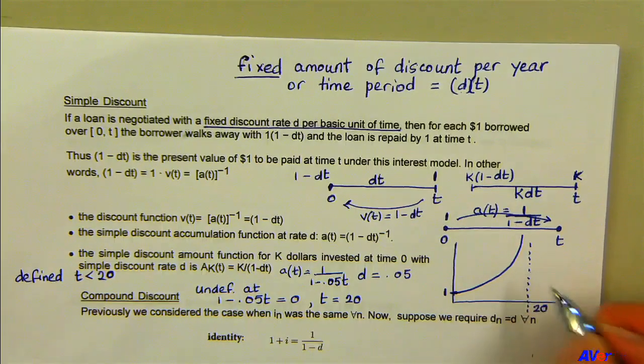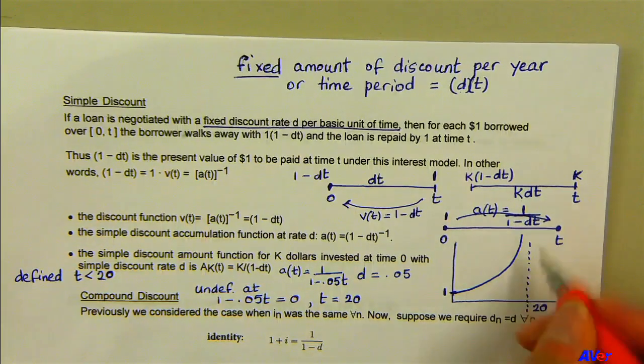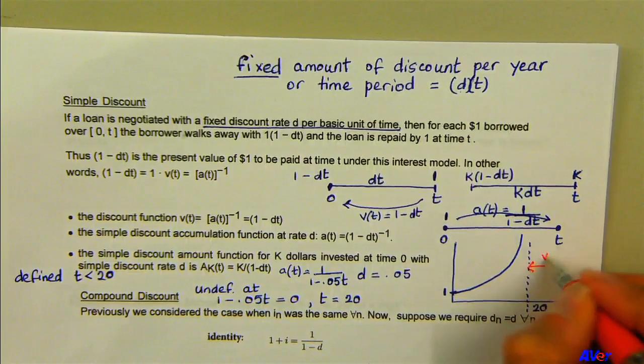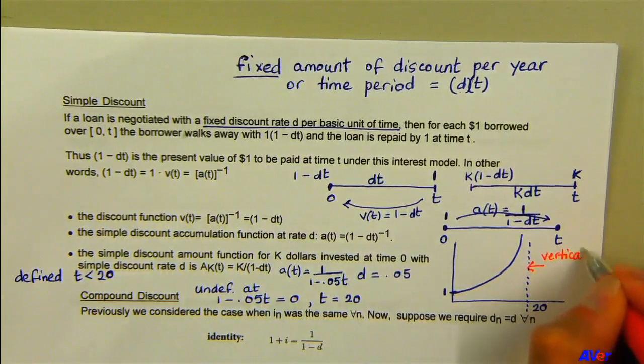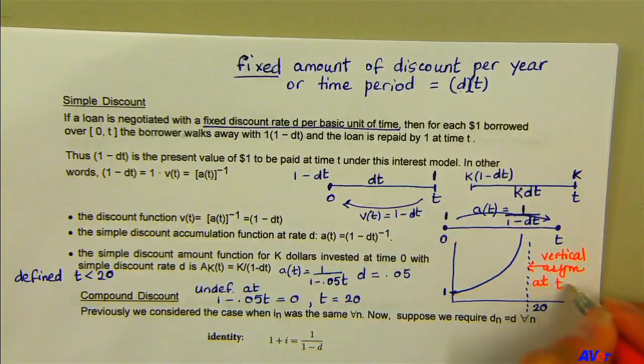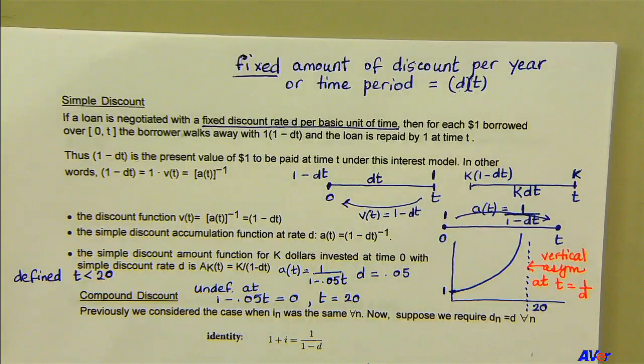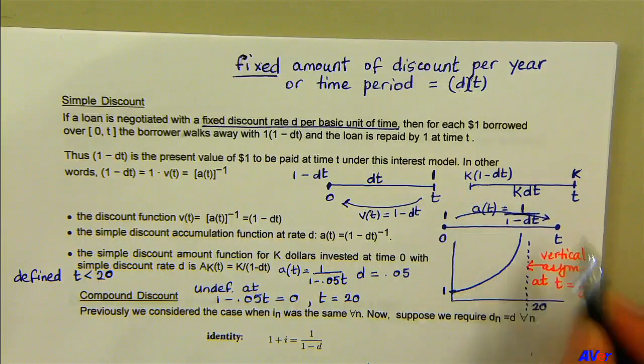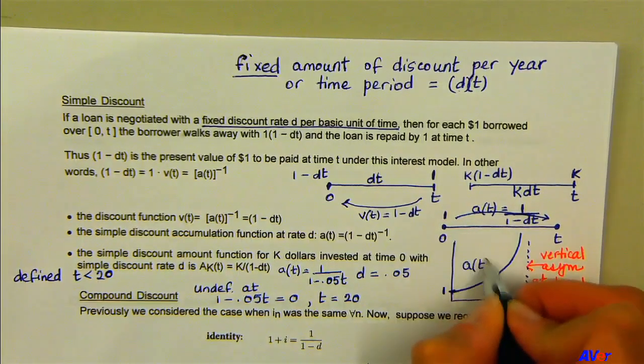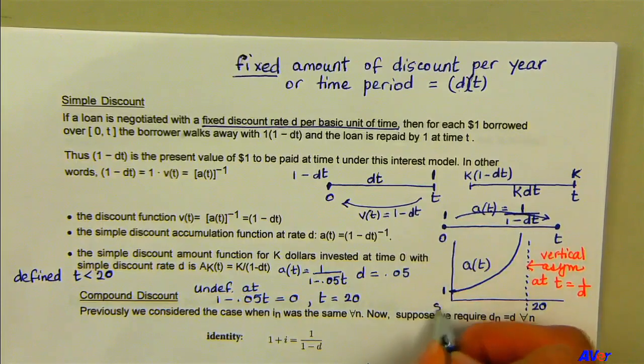Let's write that. Vertical asymptote at t equals 1 over d, where d was 0.05 for me. And of course, this is the a of t for simple discount.